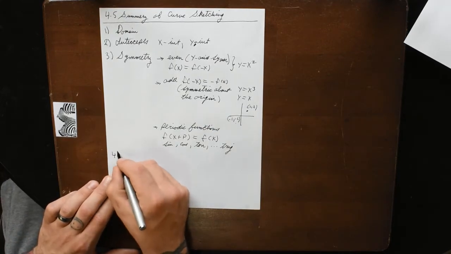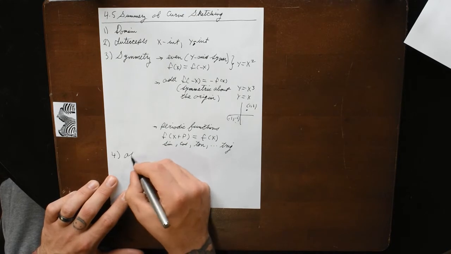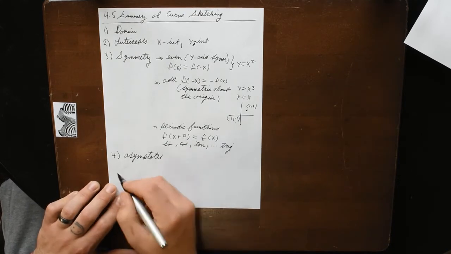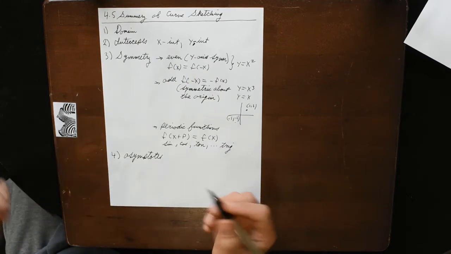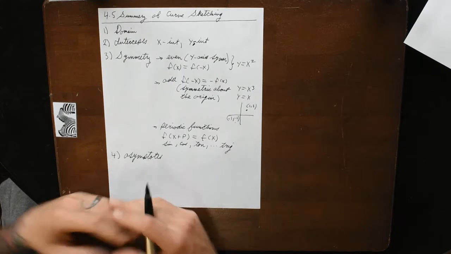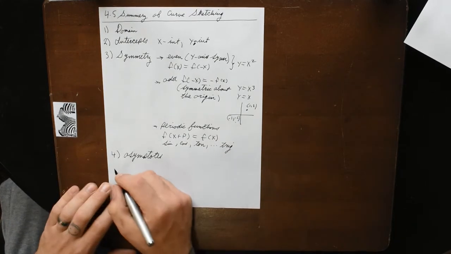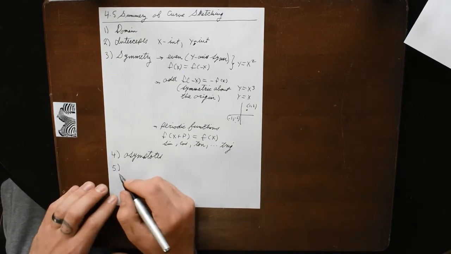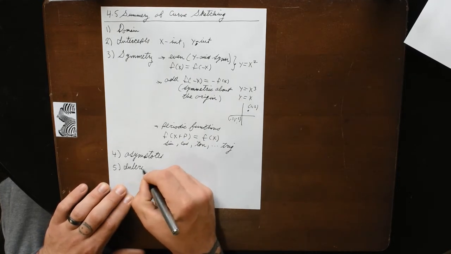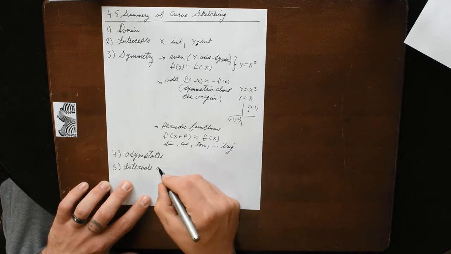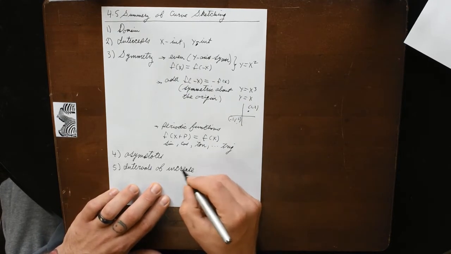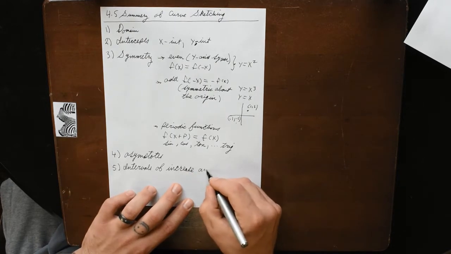The next thing we want to consider are asymptotes. And we'll use our limits. Remember, we have vertical asymptotes when our denominator goes to 0, and we also want to take limits going to positive and negative infinity. We want to consider intervals of increase and decrease.